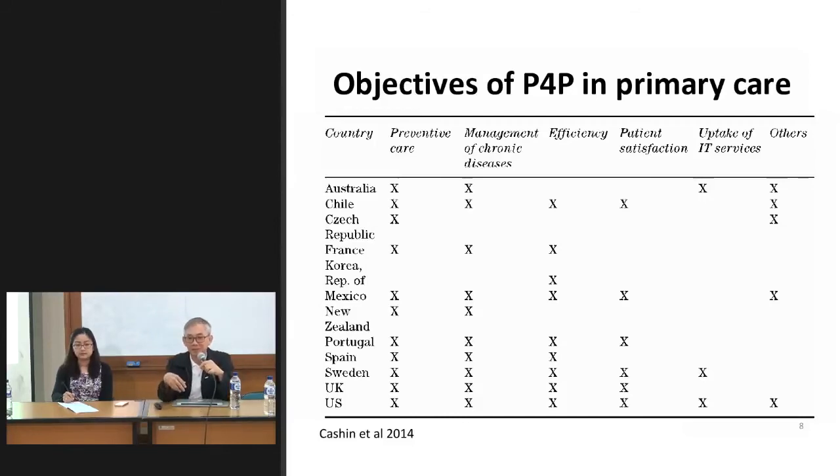Not only more efficient, but maybe of good quality. So these are the considered objectives of why they choose to implement the P4P for the primary care.